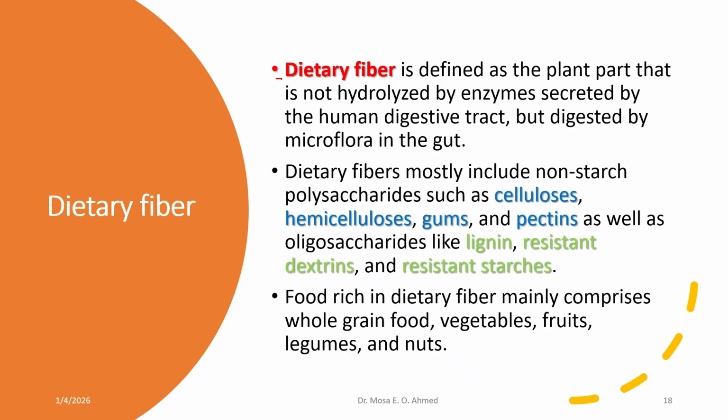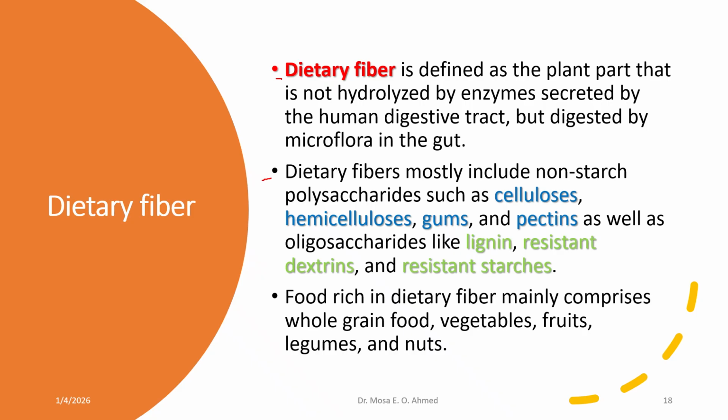And dietary fiber includes non-starch polysaccharides such as cellulose, hemicellulose, and pectin, which are classified as complex polysaccharides, including a large number of monosaccharides, higher than that occurring in starch.